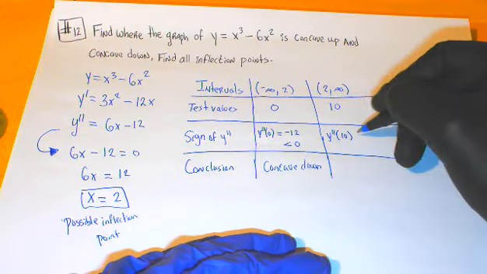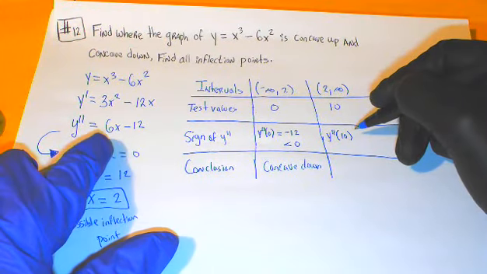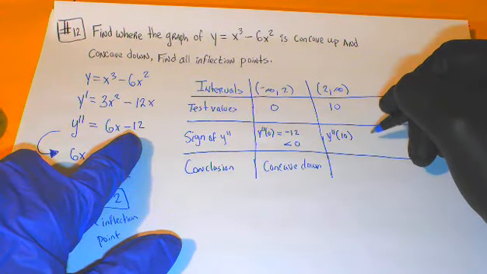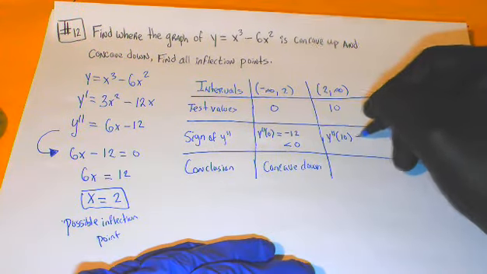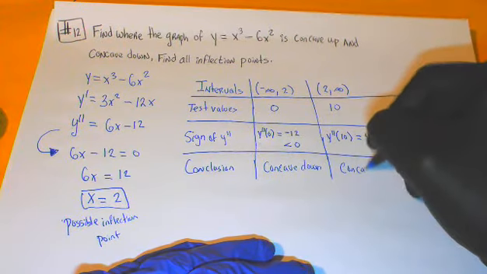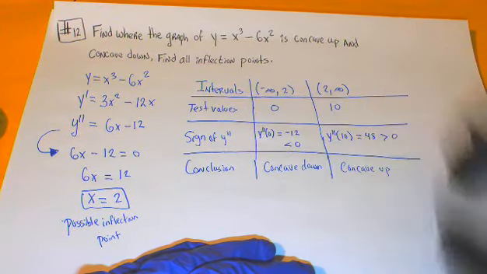When we plug 10 into our second derivative, 6 times 10 is 60, and 60 minus 12 is 48. That's a positive number, so it's greater than 0. So we know it's going to be concave up in the second interval.